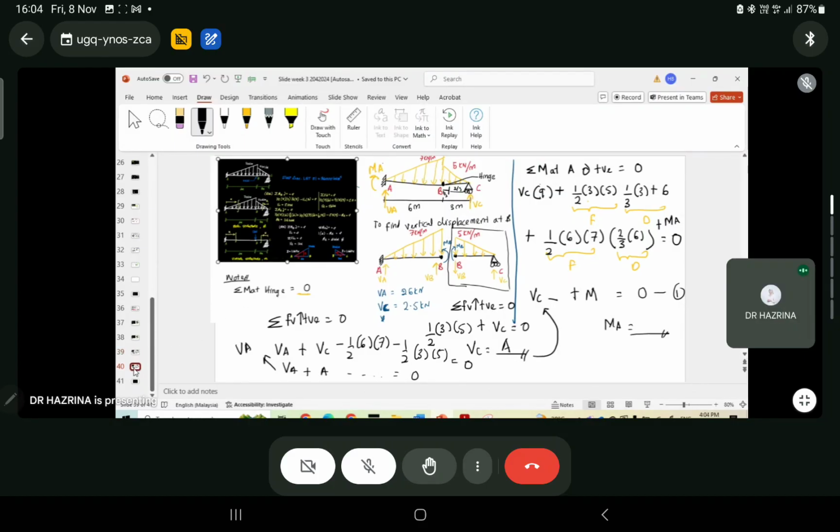Okay. So cara yang kedua, okay, yang ini cara yang pertama. Maksudnya kita dah tulis semua equation and then kita cari VC, masukkan dan sebagainya.